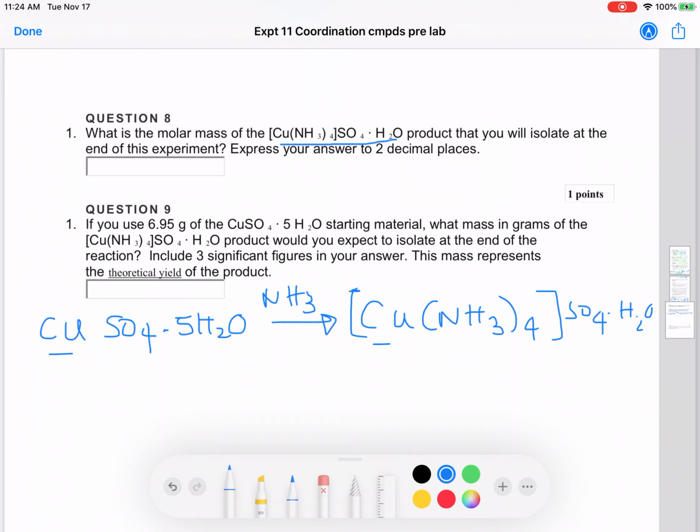So 1-to-1 ratio. Remember, we found the number of moles of copper sulfate pentahydrate, and we also found in question number, I believe we did it in question number 7.